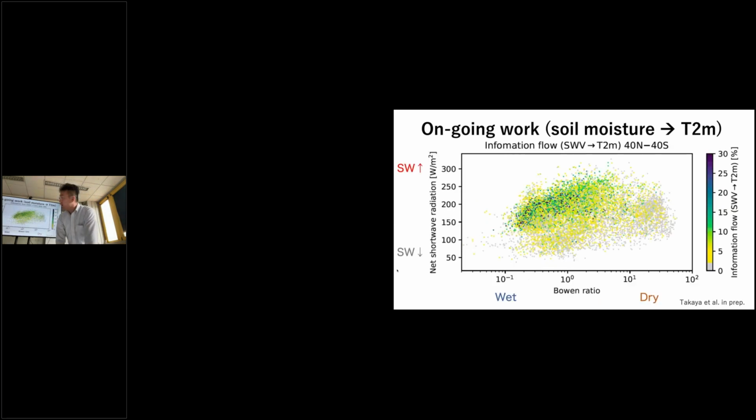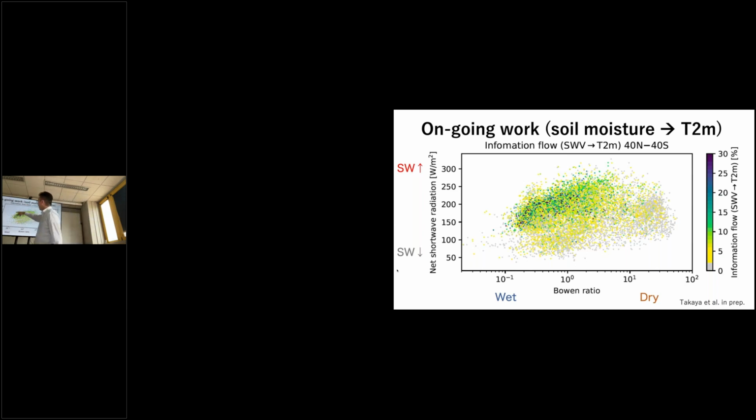So here I'm showing the normalized information flow over 40 degree tropical regions or subtropical regions. And the x-axis is Bowen ratio. Basically, the Bowen ratio represents the wetness of the soil.